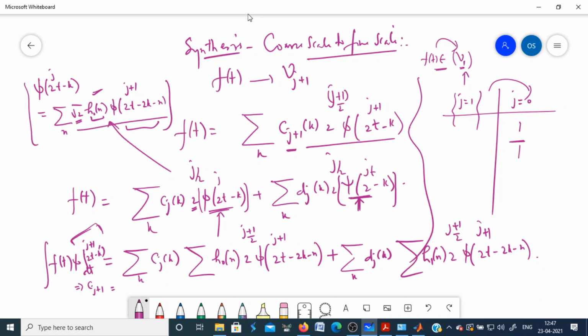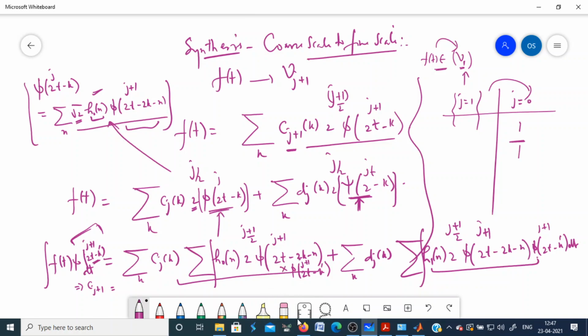And on the right hand side, when you multiply this and integrate it, what will you get? Basically you have to integrate it here, and then multiply with this function phi of 2 to the power j plus 1 t minus k cap. Similarly here, phi of 2 to the power j plus 1 t minus k cap dt.